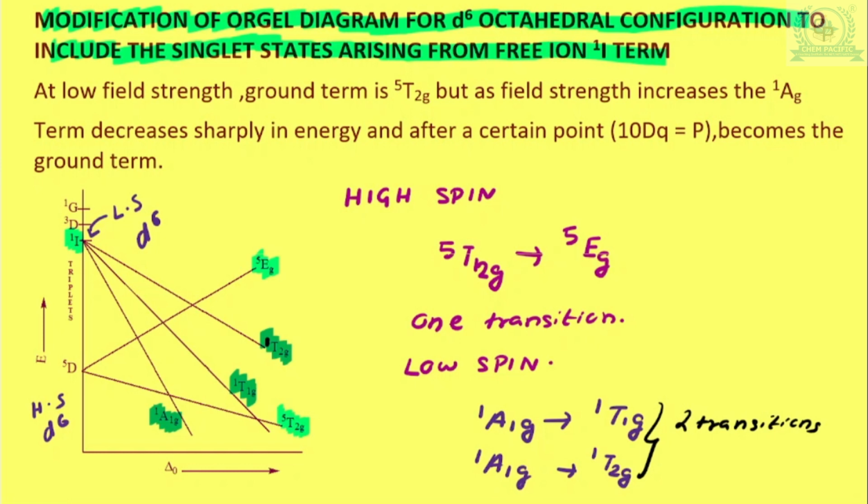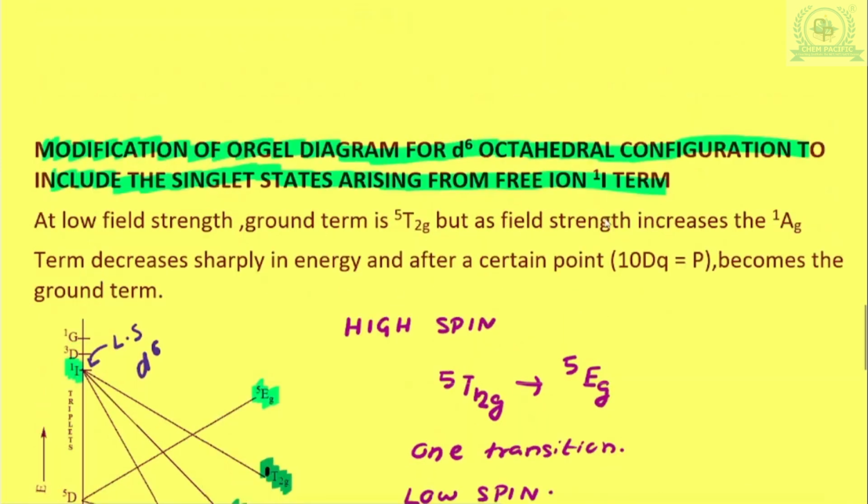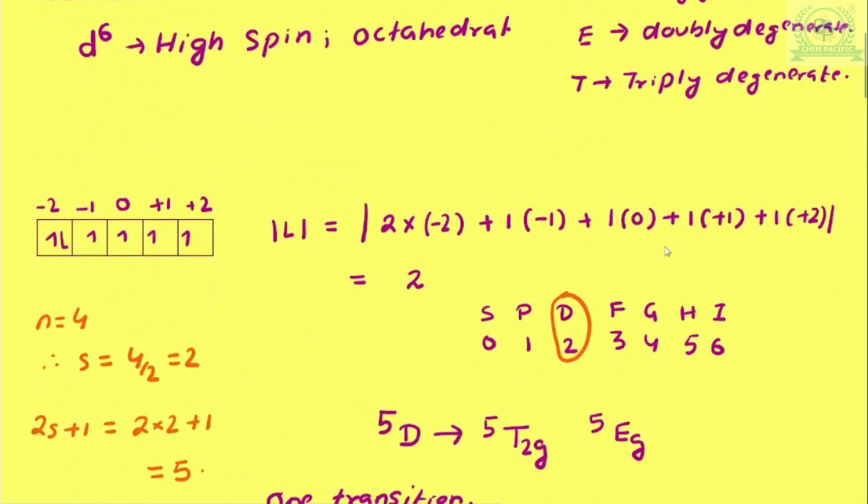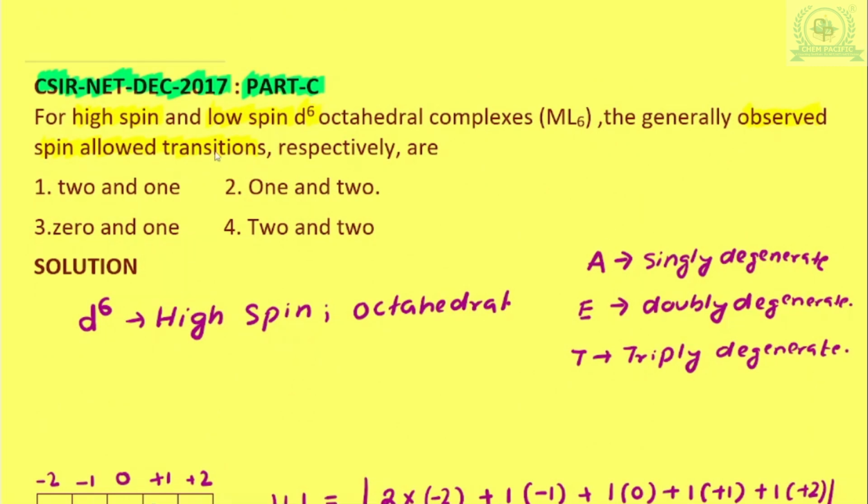It will give two peaks. So therefore, let's see what the options are in the answer. Obviously, d6 high spin gave us 1, and low spin gave us 2. So the answer is 2. I hope this is clear to all of you.